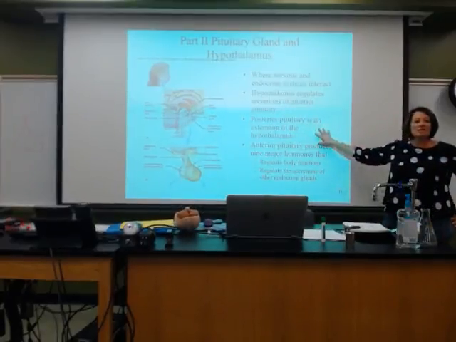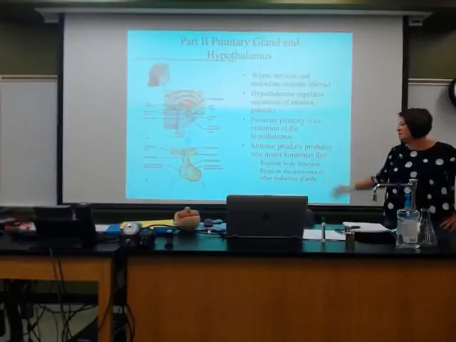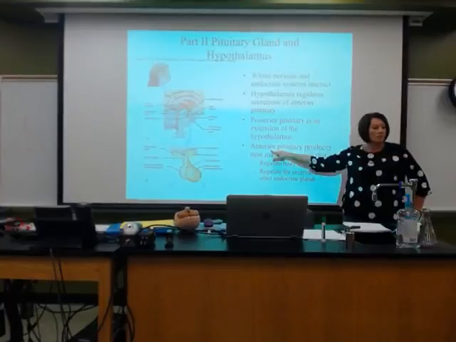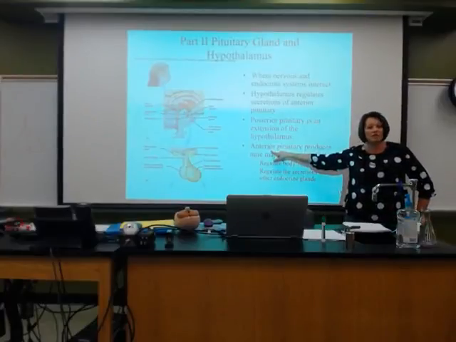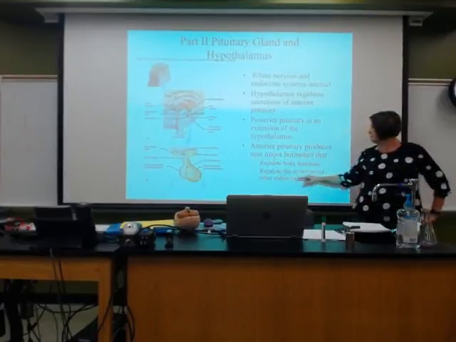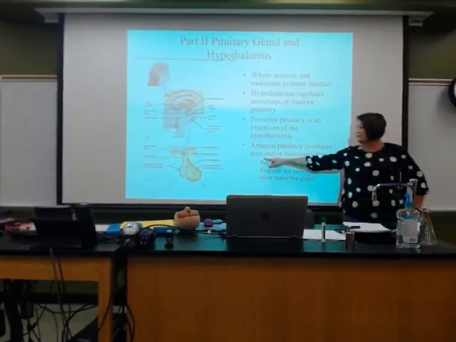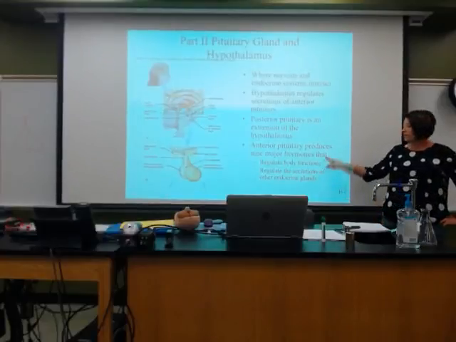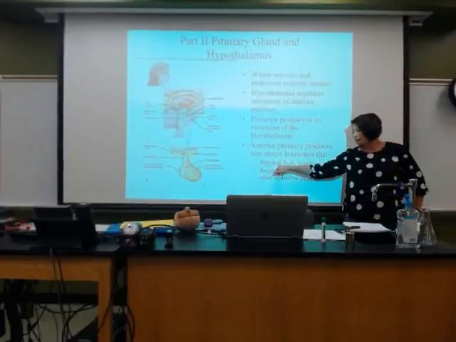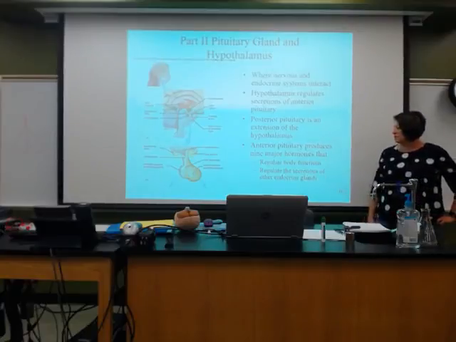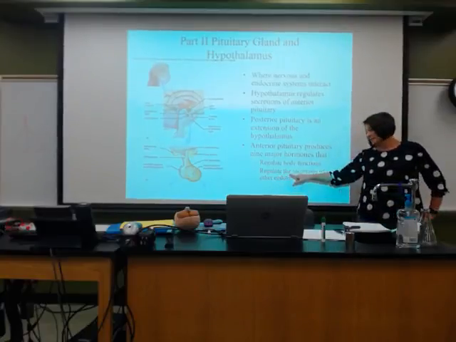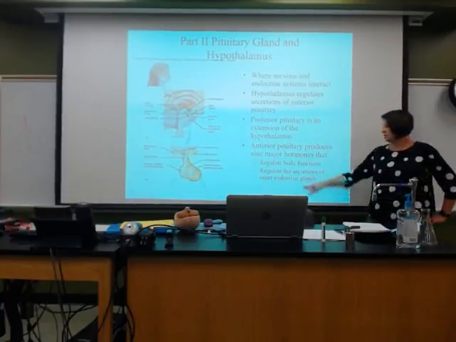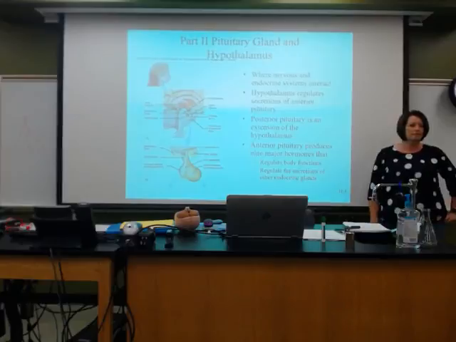So this structure gets really interesting between the anterior and the posterior. The anterior, which is what? Cellular or nervous? Cellular, produces 9 major hormones. Look what it does. Regulates body functions, regulates the secretions of other endocrine glands.